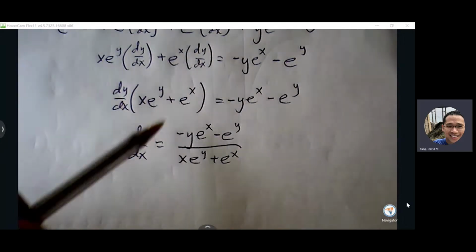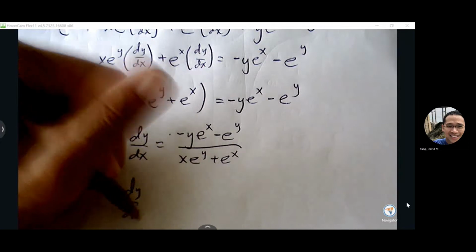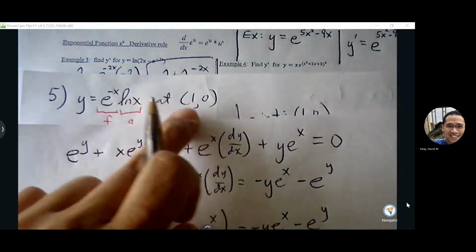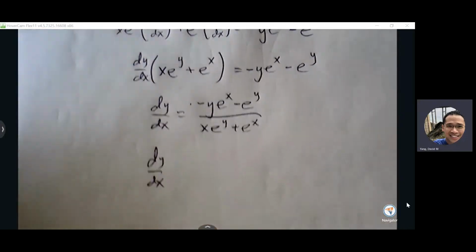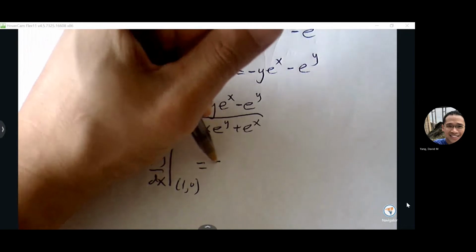Okay, so now we can do what to find the slope? Plug in what? Ordered pair, right? Because it looks like it needs both the x and the y value.